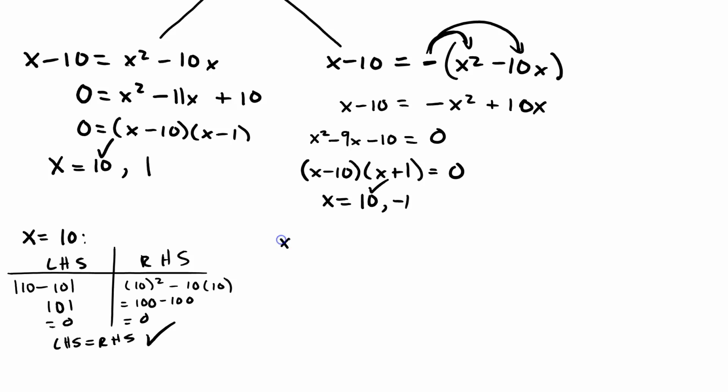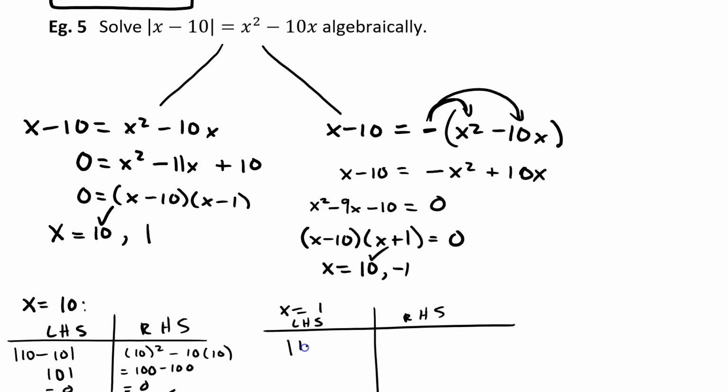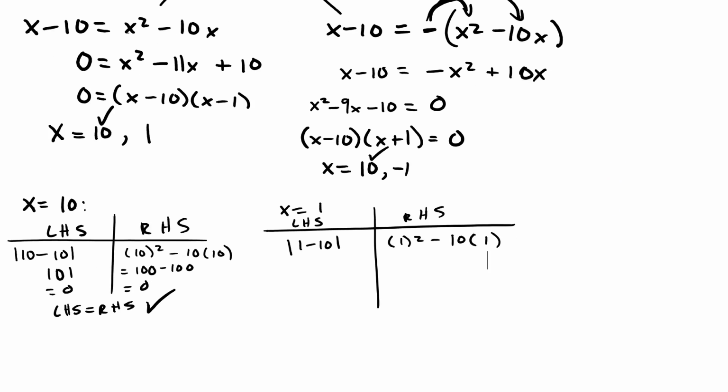What about x equals 1? Left hand side, right hand side. The absolute value of 1 minus 10 is on the left hand side. On the right hand side I have 1 squared minus 10 times 1. So we have the absolute value of 1 minus 10, which is negative 9.